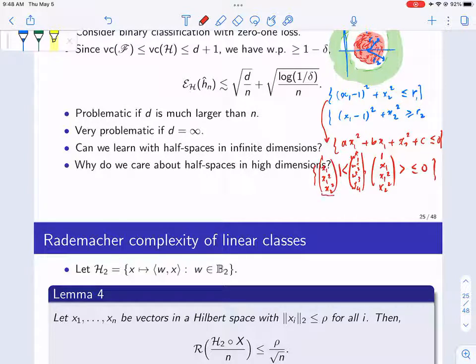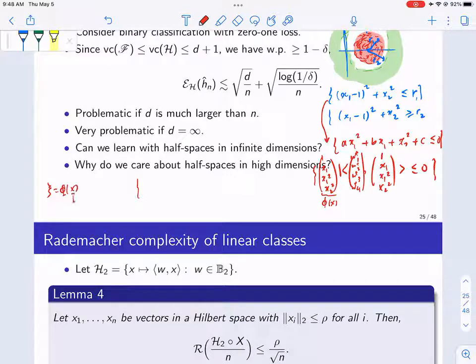So if I define this as phi of x, I can map my original vector, which is (x1, x2), to this new space. So in this new space, one class is represented as, what should we call this? So z is phi of x.